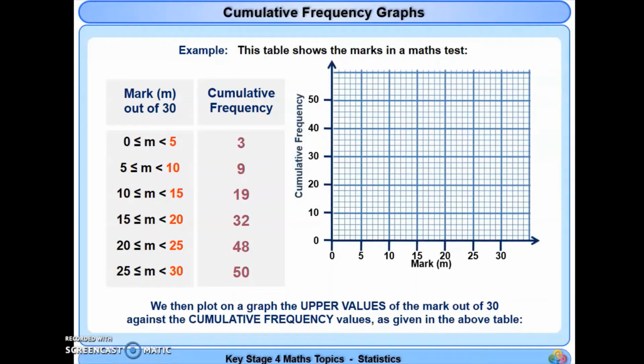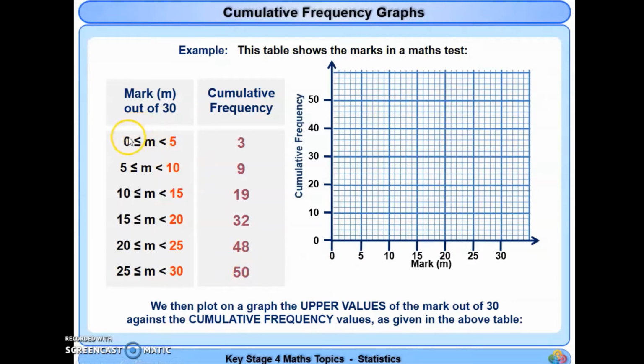Okay, so I've drawn out an appropriate set of axes. Notice that cumulative frequency goes up the y-axis, the vertical axis, and I've gone from 0 to 50 and a little bit extra just to ensure that I can fit all the data onto this graph.